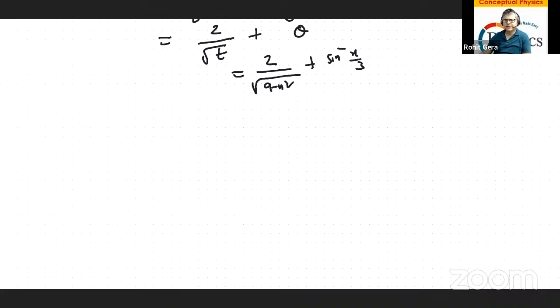Let's integrate the integral of 1 upon x times (log x whole square plus 2 square). Integrate. Try this.